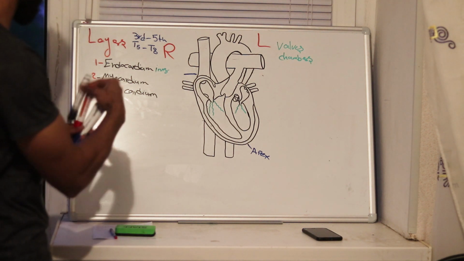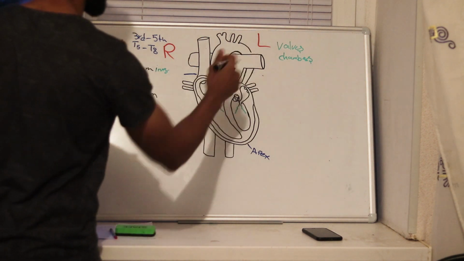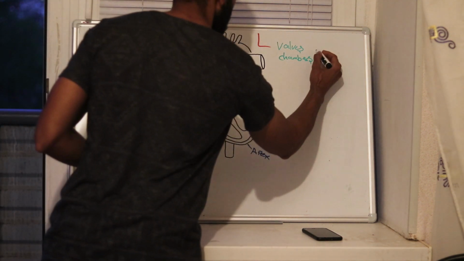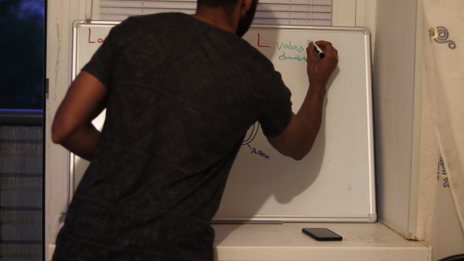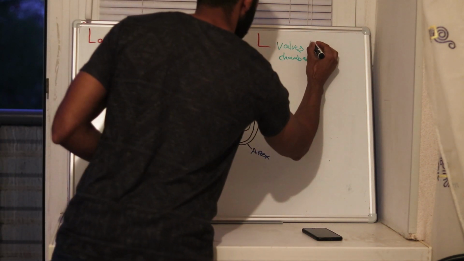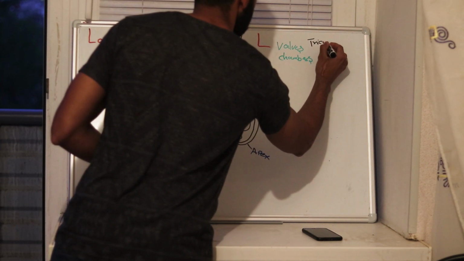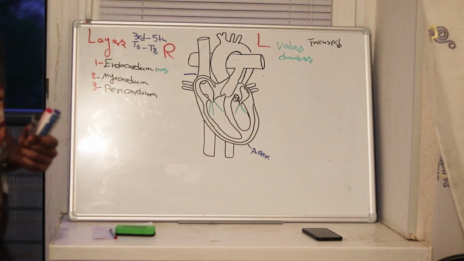So let's talk a little bit about the endocardium. We said it is the inner lining, and we have valves, right? From the right atrium to the right ventricle, we have the tricuspid. Tri means three.